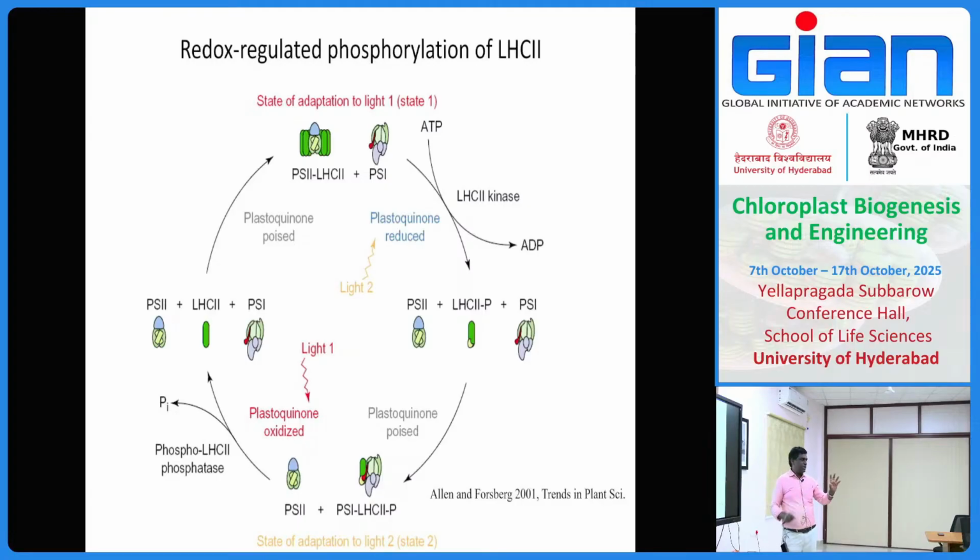When it gets phosphorylated, in general biochemistry, is any phosphorylated form stable or unstable? Any phosphorylated form is unstable. An unstable molecule cannot sit still, just like if you are tense, you will be unstable and your mood will be fluctuating. Similarly here, when it is in the reduced form, it will never sit with photosystem 2, it has to migrate to photosystem 1.